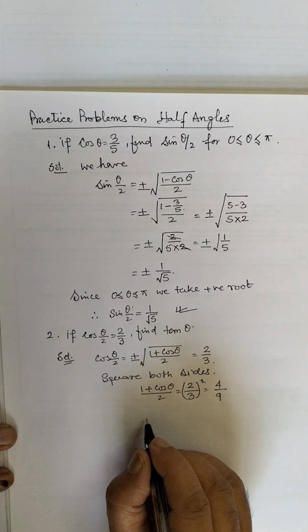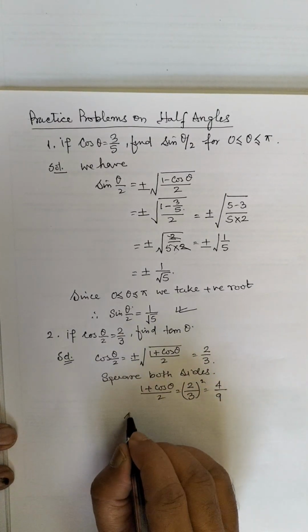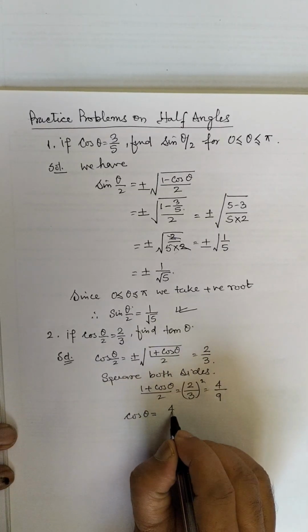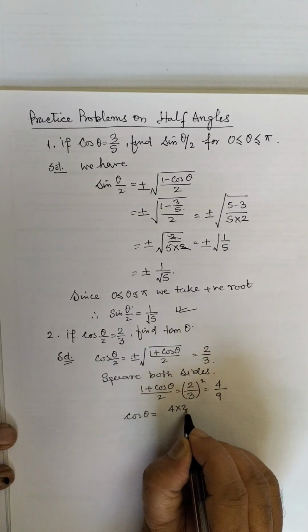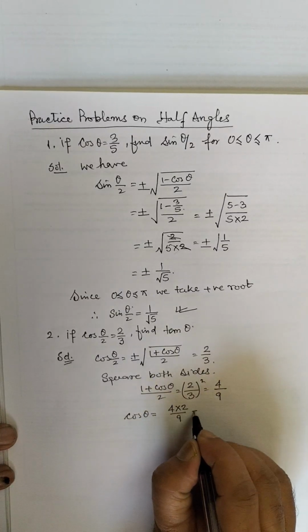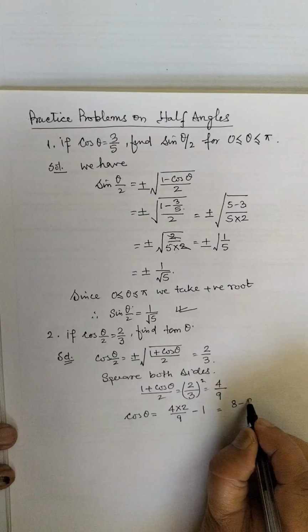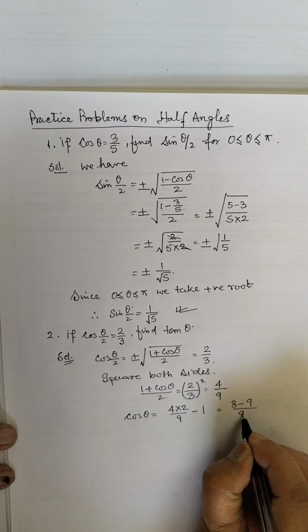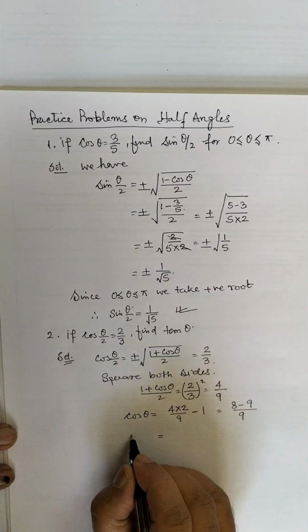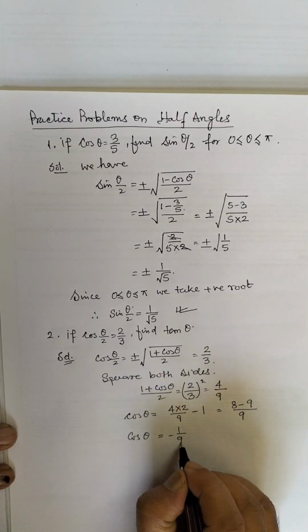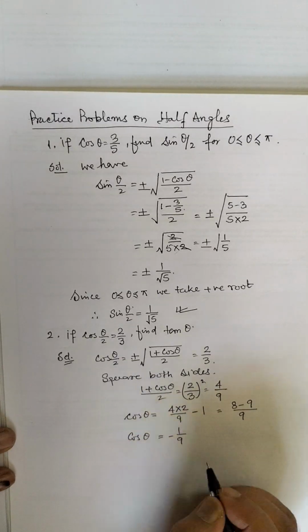Now rearranging, we will get cos theta is equal to 4 times 2 by 9 minus 1, which is 8 minus 9 upon 9, or cos theta is minus 1 upon 9.